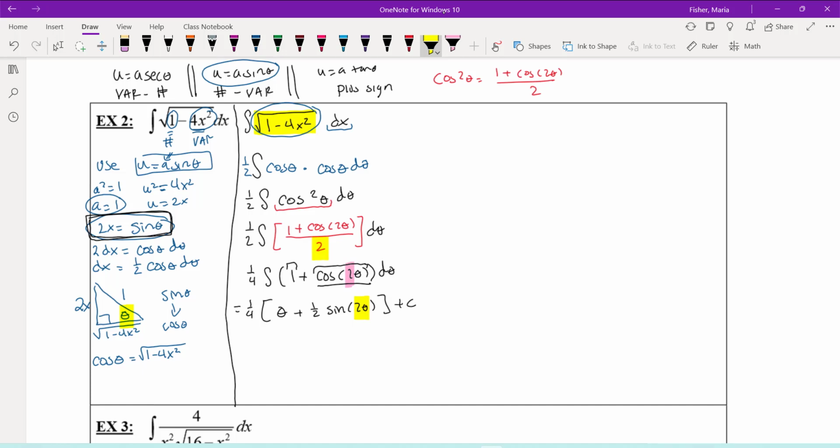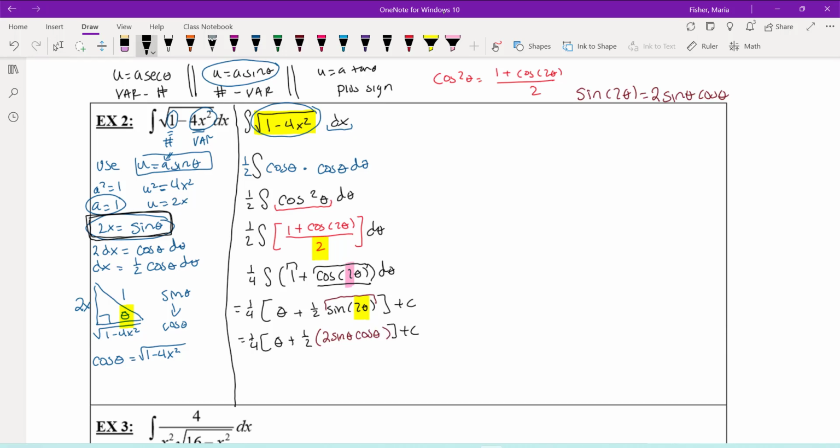So we have to use sine's double angle to rewrite sine of 2 theta. Recall from section 8.3 that the sine of 2 theta is equal to 2 sine theta cosine theta. So before I do anything else, I'm going to rewrite my sine of 2 theta with its double angle identity of 2 sine theta cosine theta.